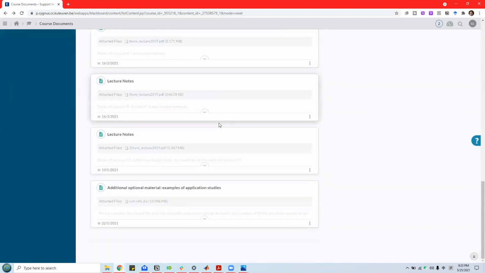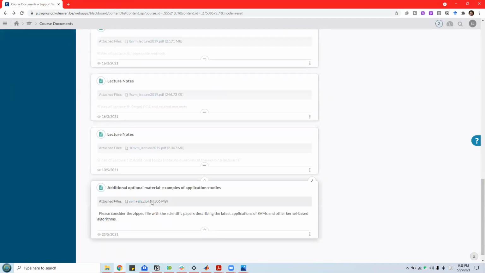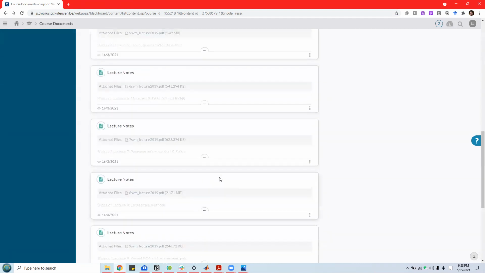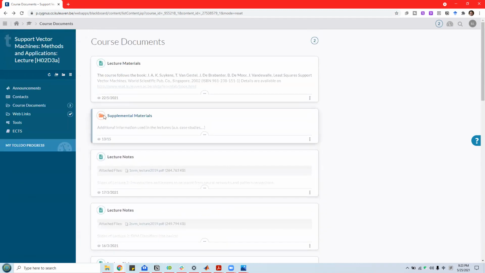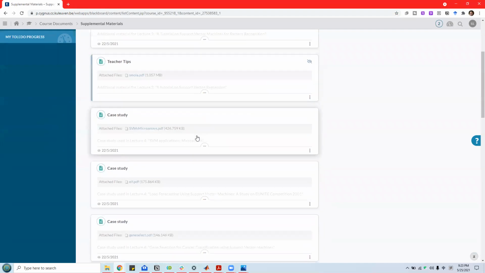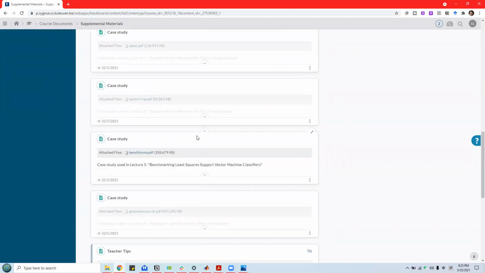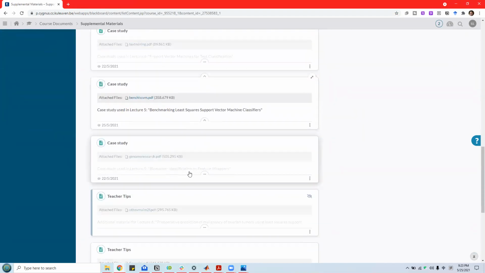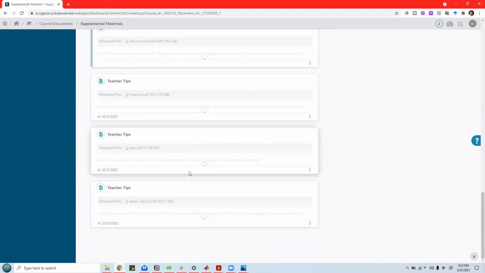I checked. Is this additional optional materials? No. Let me check, I forgot. So I think it's in the supplementary materials. I saw that. If you go down, yeah, here.